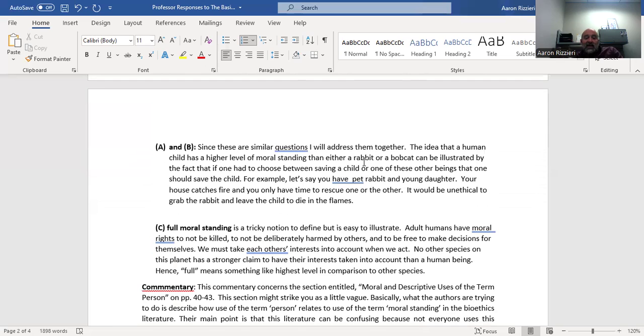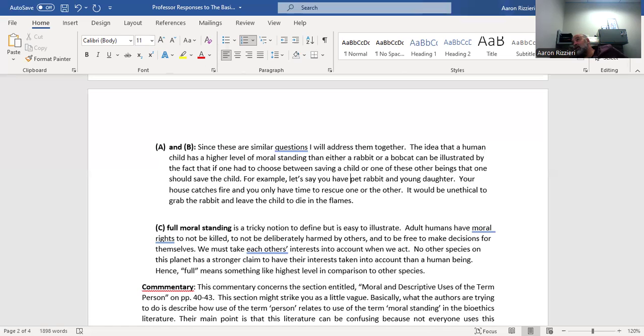This is easy to illustrate. Just imagine that you have a pet rabbit and a daughter, and your house catches fire, and you only have time to rescue one or the other. You could ask yourself, well, which one should I rescue? It's clearly your child. So that's one way to make sense of comparative levels of moral standing.